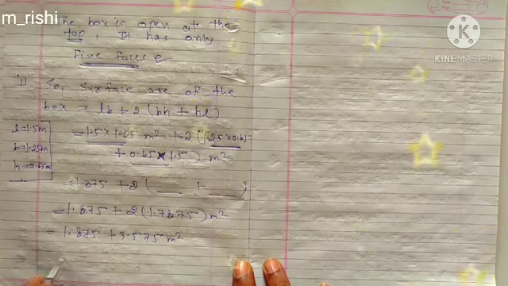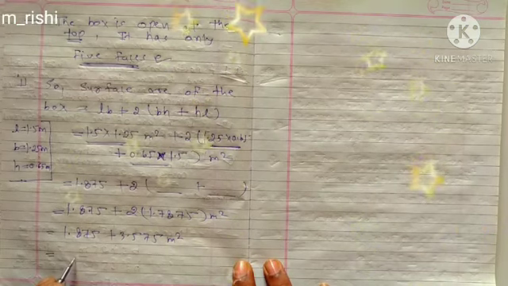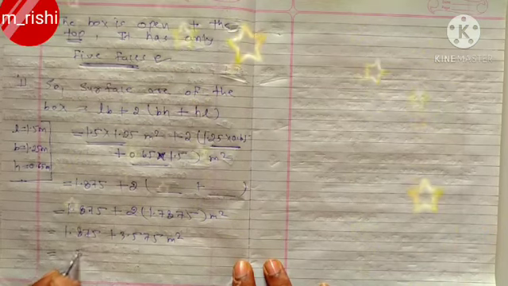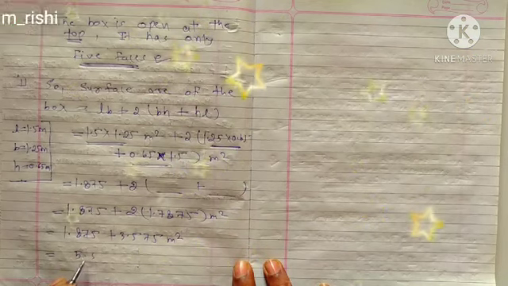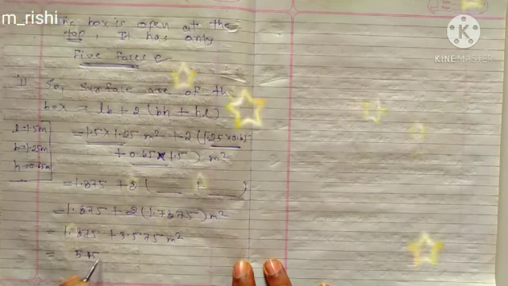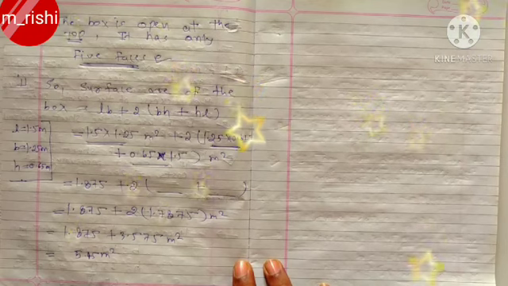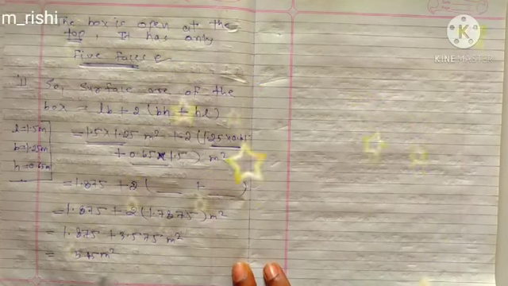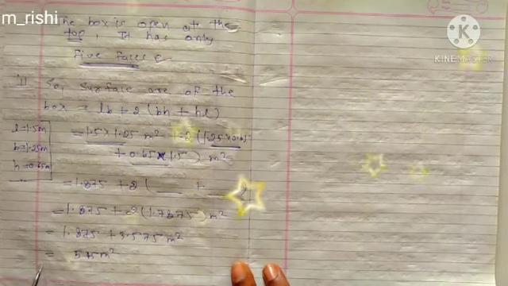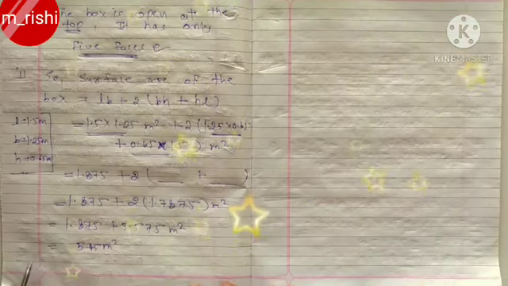So we obtain this value. Now we add the two values: 5.45 meter square.